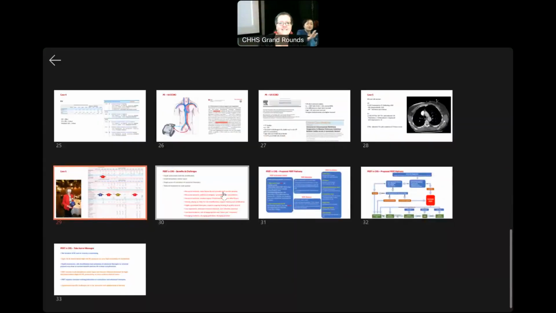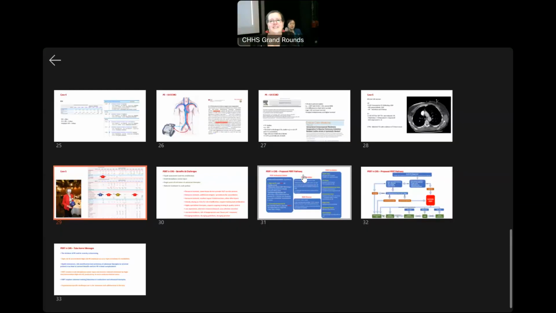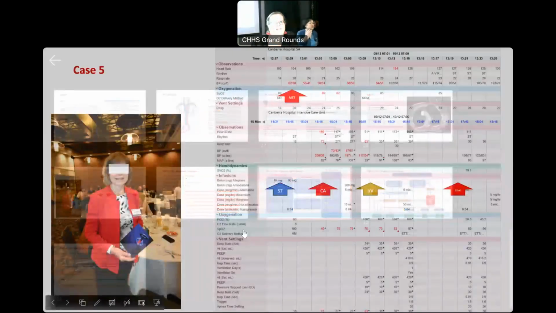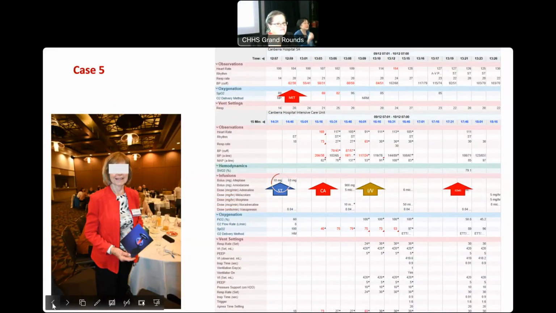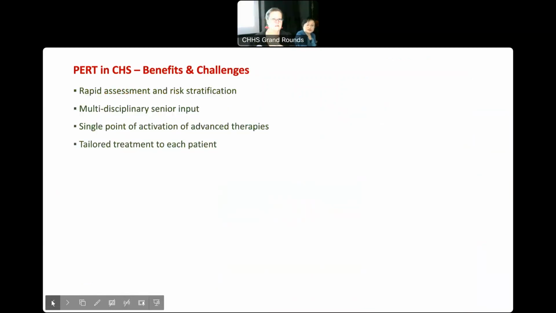So if you look at that slide, I've just explained the options of advanced therapies. We have the options. We need to get the team all together, find what's the best tailored treatment for those particular patients. My next slide is the benefit. First one, next one. Yes. Okay, let's summarize.